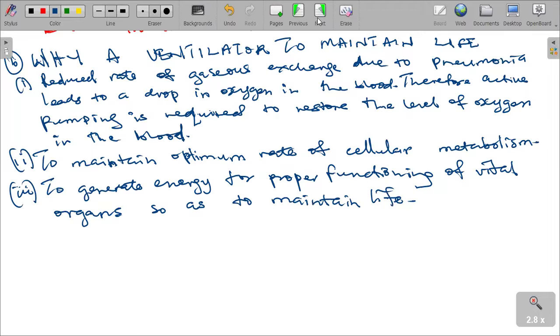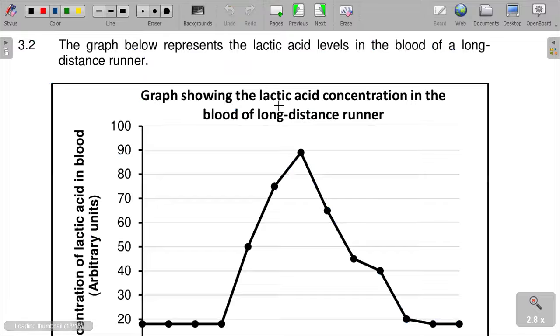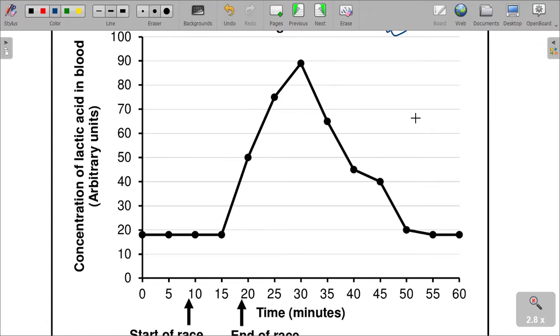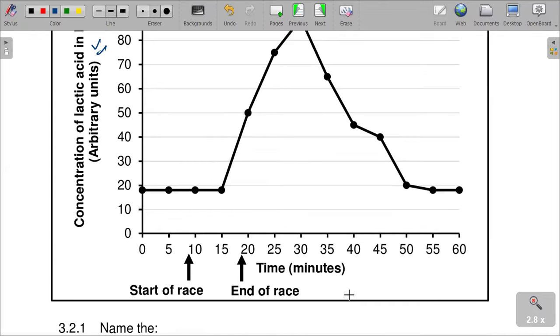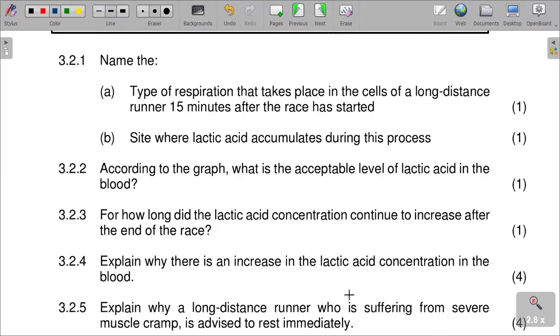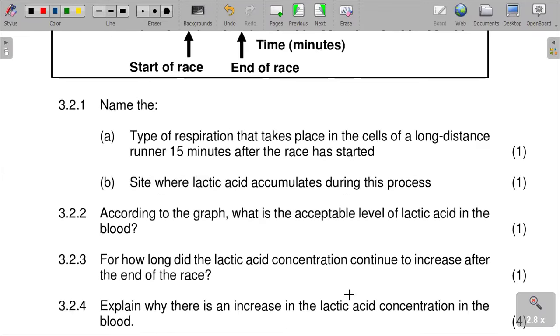Let's just quickly go to the next question. A diagram that represents lactic acid levels in the blood for a long distance runner. Graph of lactic acid concentration in the blood. The concentration in arbitrary units is given there, and time in minutes is given there, with the start and end of the race.